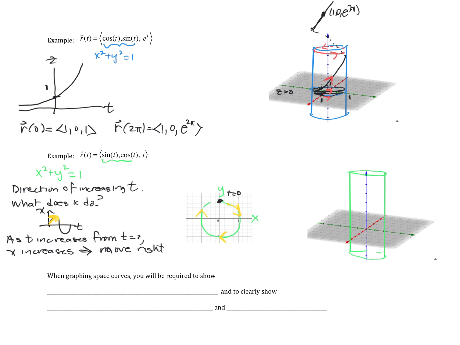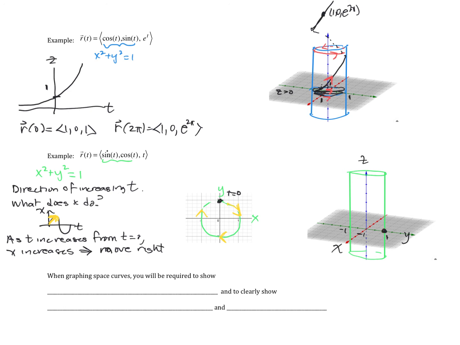So picture when t equals 0, I'd be at 0, 1, 0. So when t equals 0, we're here. Okay, 0, 1, 0.